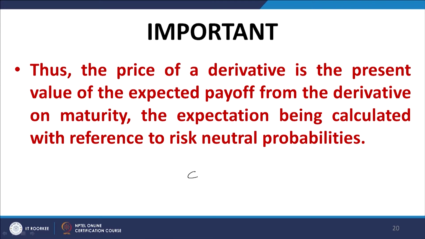Hence, we conclude that the price of the derivative is the present value. Let me write it down. The price of a derivative, let us call it C, is the present value of the expectation of the payoff from the derivative on the date of maturity, that expectation being calculated with respect to risk neutral probabilities.